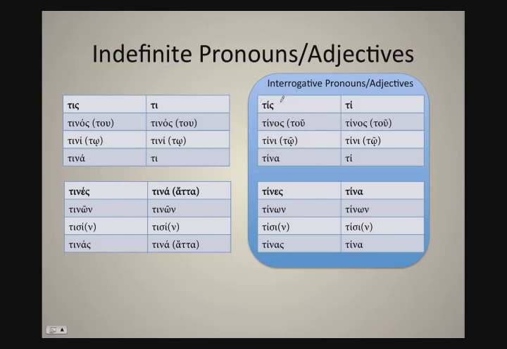So these are interrogatives. So this tis is who, this ti is what. Here, tinos, whose. But over here, it's someone or someone's. So the accent here matters, whether it's going to be indefinite or interrogative.